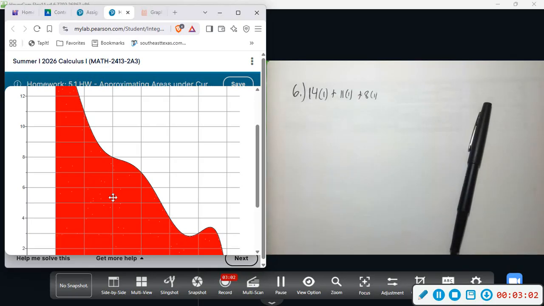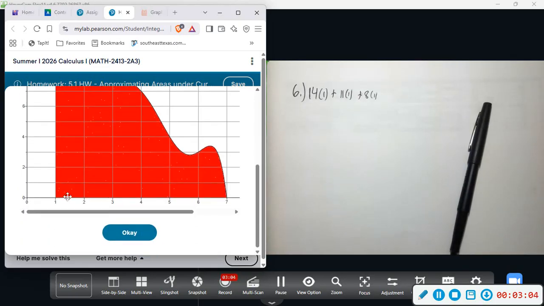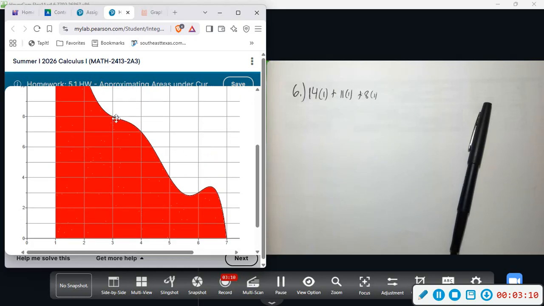So again, I'm using the between here and here, I'm using the left endpoint. Between here and here, I'm using this. So I'm going to use each one of these. This was at a height of 8. My next endpoint from here to here, making a rectangle, will be at 7.